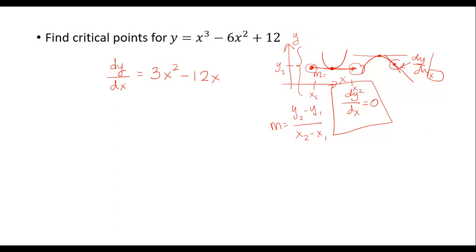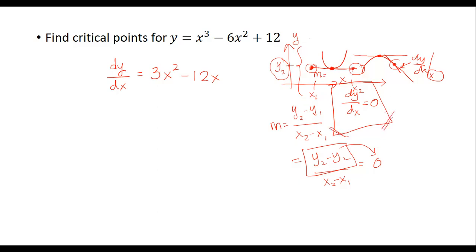Sorry, I'm doing it a little bit messy, but I think you get the point if you listen carefully. Now your y is just using the same point, so your y is just y2 minus y2, and your x is still the same. That's why you get 0 over here. This is the concept of why your dy dx must equal 0 when you need to find your critical point.